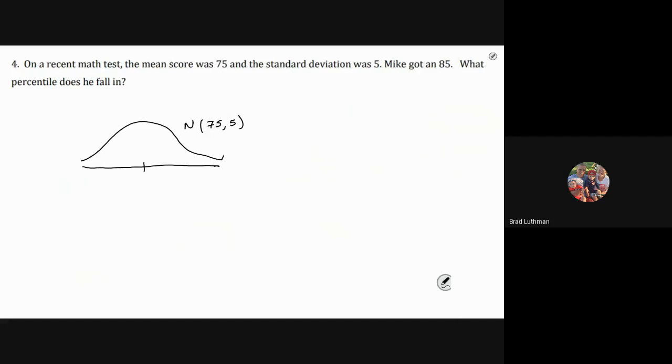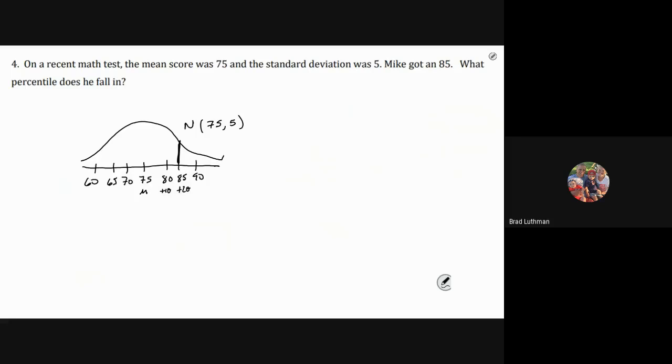Let's draw this out. 3 above, 3 below. I wish I was a better drawer for you, but I'm not. Okay, so Mike is supposed to be an 85, right? So Mike is right here. There's mu, there's +1 standard deviation, there's +2 standard deviations. So he's 2 standard deviations above the mean.